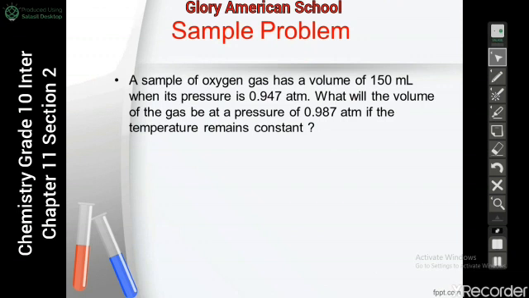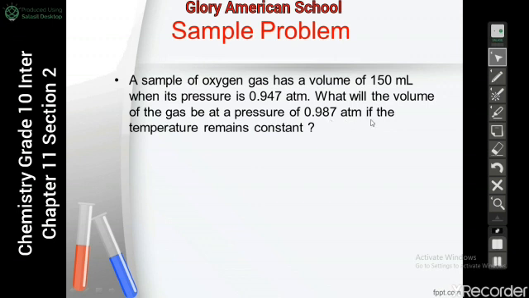A sample of oxygen gas has a volume of 150 milliliters. This is V1, when its pressure is 0.947 atmospheric pressure. This is P1. What will the volume of the gas be, the final volume, V2, at a pressure of 0.987 atmospheric pressure?